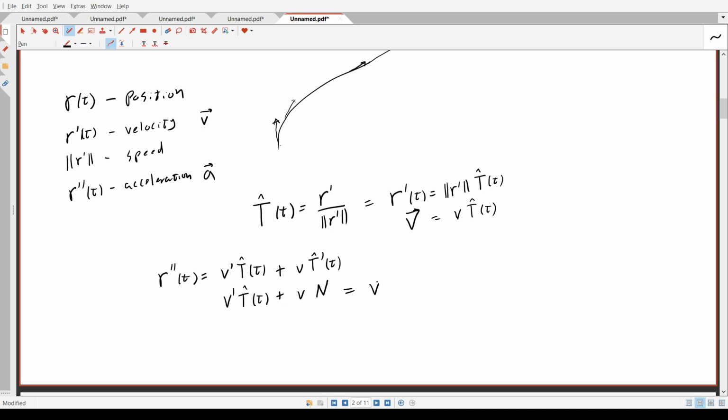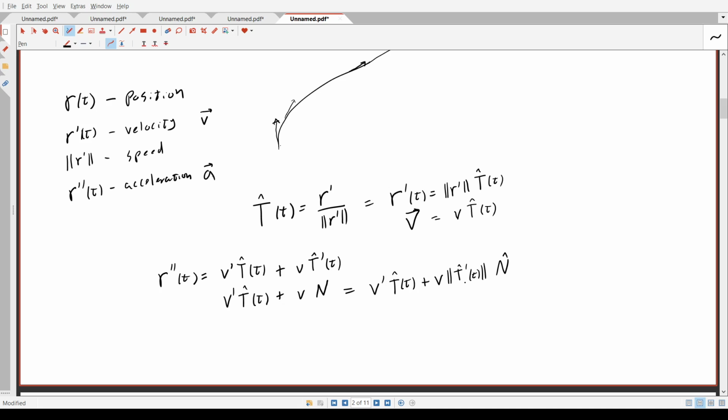So that's going to be v prime T plus, that's going to be v times the norm of T hat prime times N hat. Okay, that is norm.